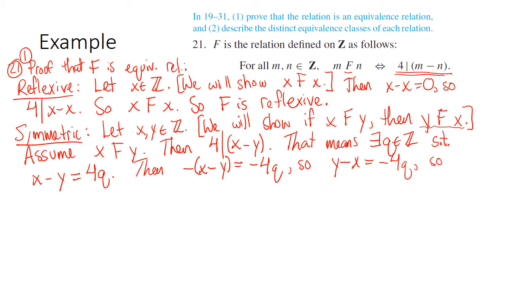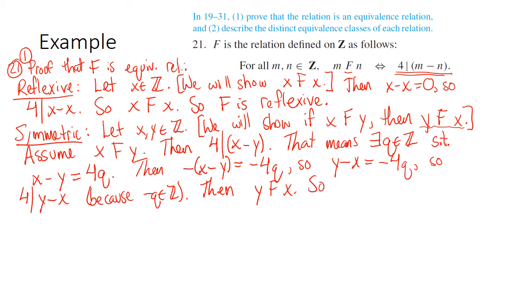So that tells me that y minus x is divisible by 4 because negative q is an integer. Okay, so I have that y minus x equals 4 times an integer, so that's divisibility by 4. Then y is related by f to x, so f is symmetric.